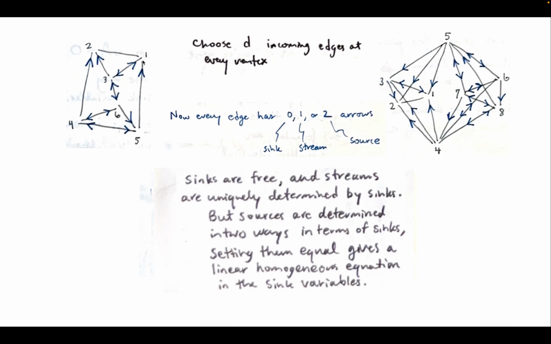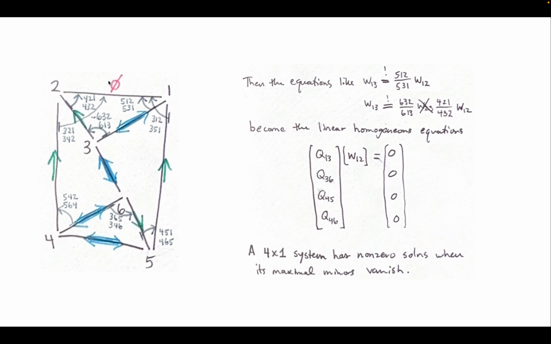So edge 1, 3 is determined by weight 1, 2 in one way from vertex 1 and in a separate way from vertex 3. Just to look at edge 1, 3 right here, we've got very concretely that 1, 3 is this ratio times 1, 2. But from the other endpoint, vertex 3, we go from edge 1, 3 over to 2, 3.